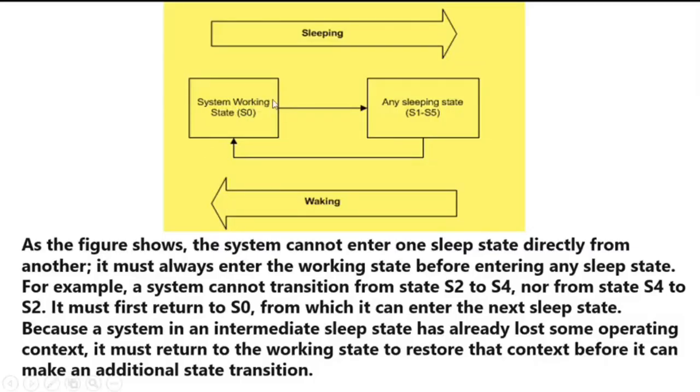As you can see here, we have this figure where we have the system working state S0 and any sleeping state from S1 to S5. Remember, these states S1, S3, S4 and S5 differ from each other in terms of power consumption and the amount of sleeping state.